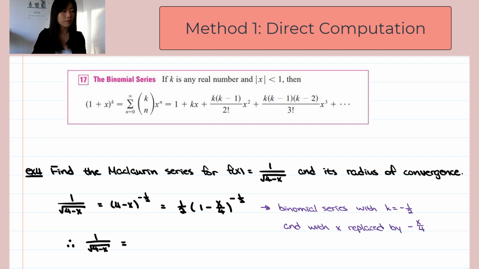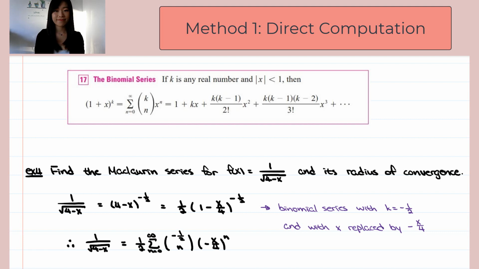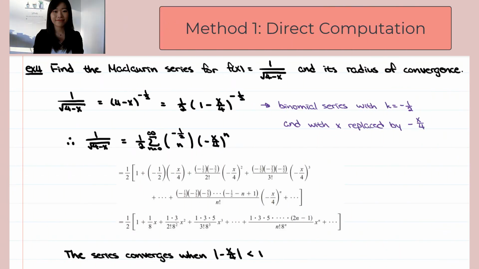We have the constant in front, 1 over 2, then the sum for n starting from 0 of k choose n with k equals negative half, then times (negative x divided by 4) to the power of n. Or you can also expand the series. If you write out all the terms, you'll get this form.